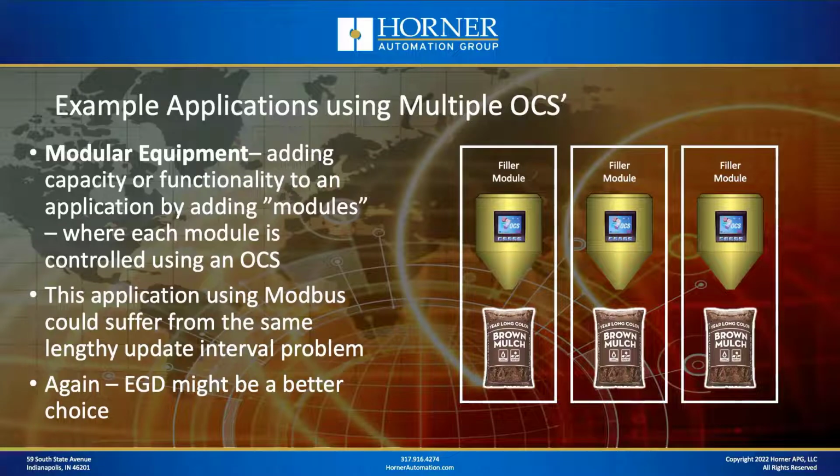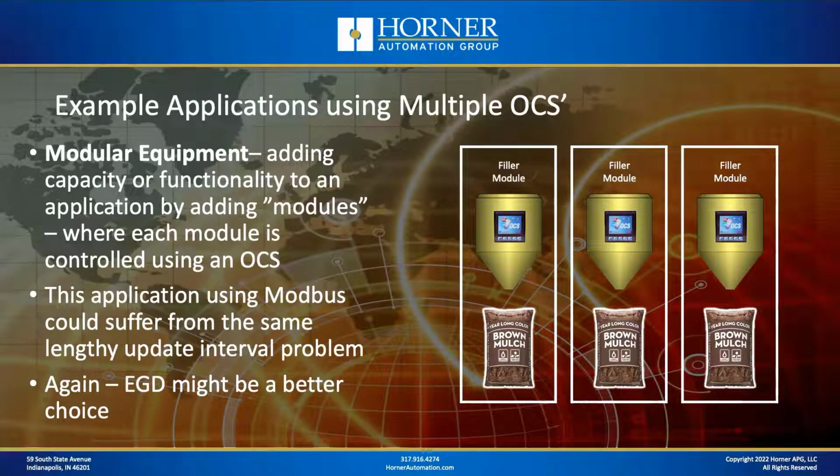The next application I'm going to talk about is one that we've had lots of customers implement, and that is where they design modular equipment, or a machine that has maybe a main section and then modular expansion units that can be added. On the screen, I'm showing the example of a machine where you can expand the number of filler modules by just adding additional modules, and each module is controlled by an OCS. In this case on the screen, I'm showing an XL4.